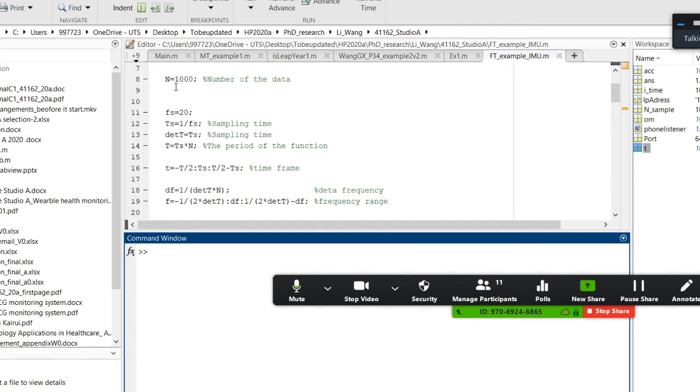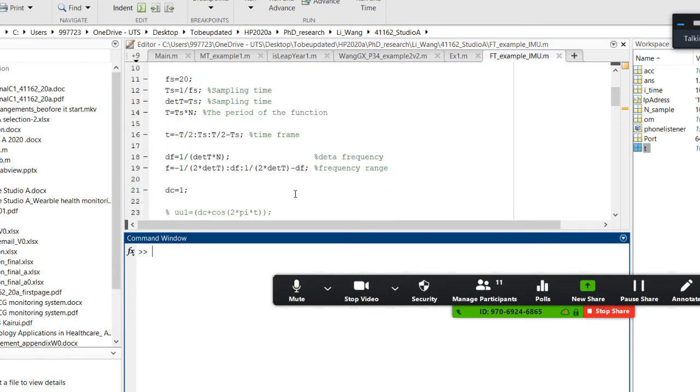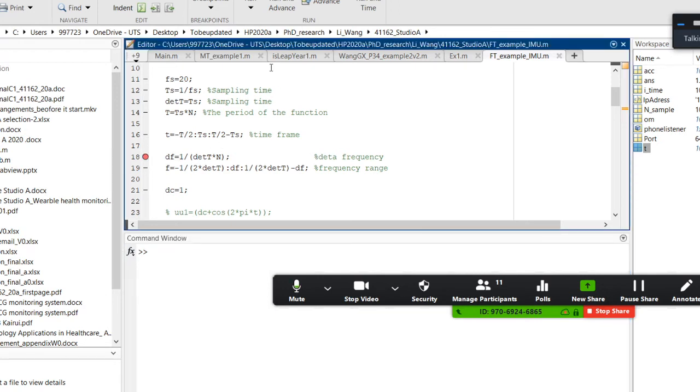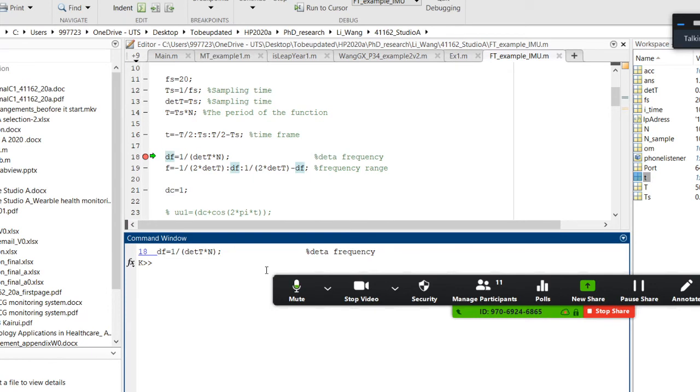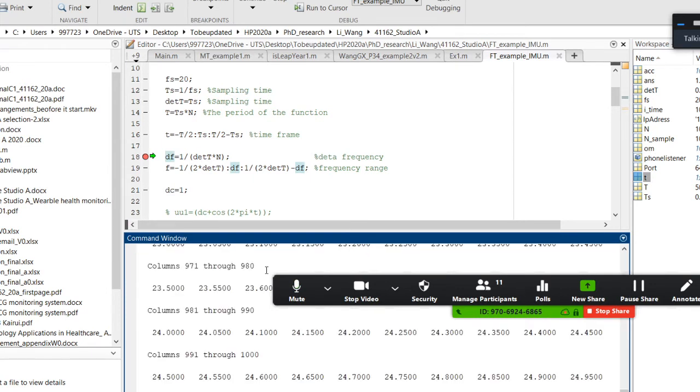This is also how long you recorded. If you have 1,000 data points, you multiply by the period and you get the overall time, and then I reset t again. So this is the t frame. Because t is a row vector, if I transpose it with a dash here, it becomes a column vector, easier to look at.